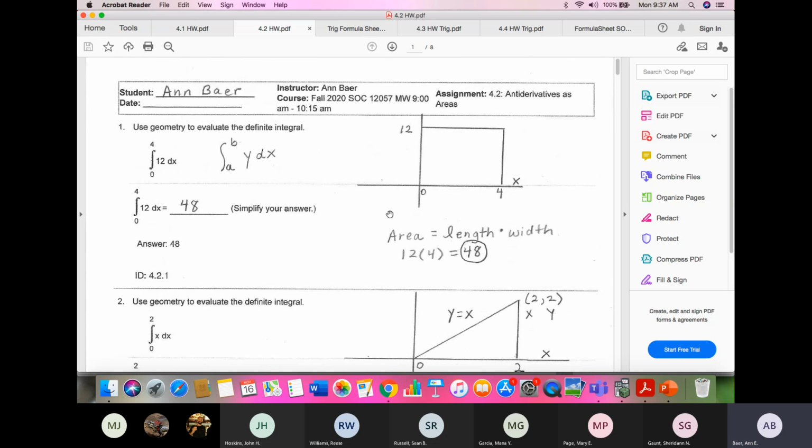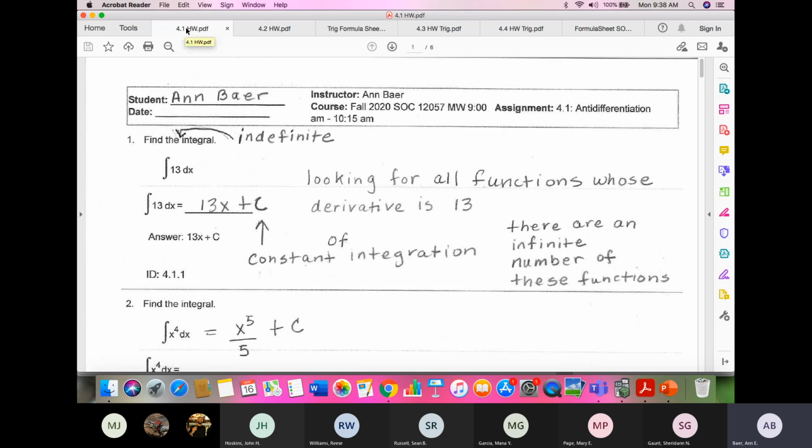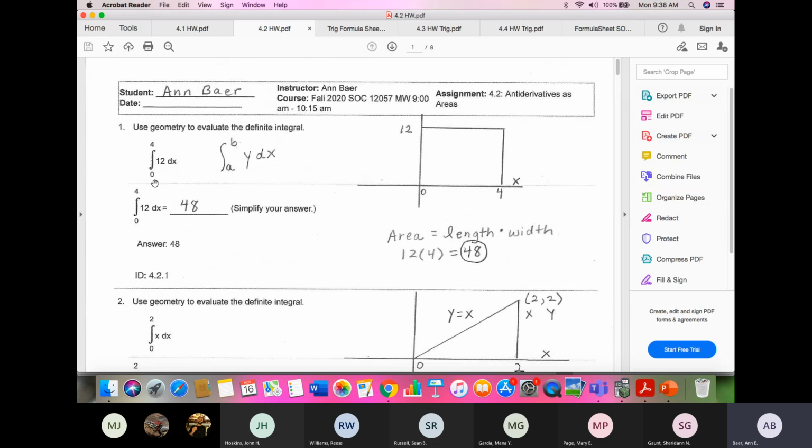And that is exactly what we're going to be doing on Wednesday. So let's go back here. So find the indefinite integral. In other words, the A and the B that we were looking at before, those numbers there, those are the limits of integration.